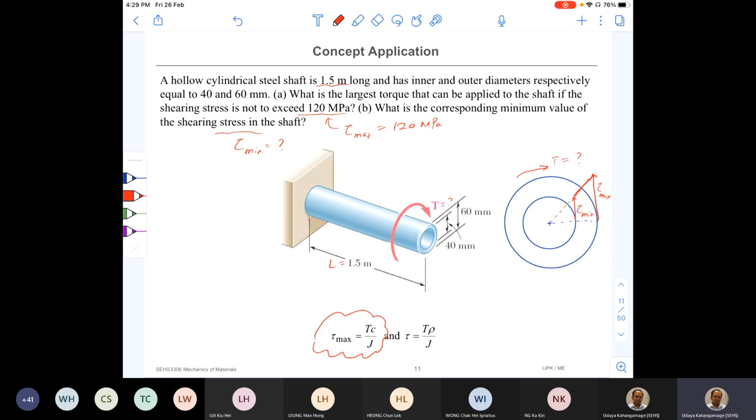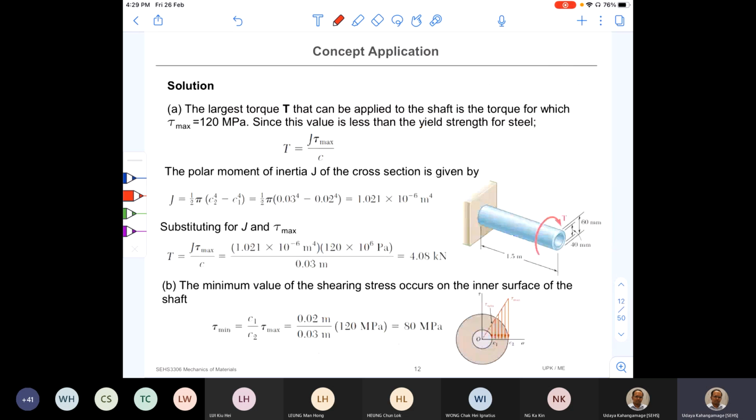Tau max is equal to Tc over J. Since we need to find the maximum torque when tau max is equal to 120, I just solve the problem for T. Here tau max is given, and c we already know because the diameter is 60 millimeters. Therefore, c is 30 millimeters, and the only unknown here is J.